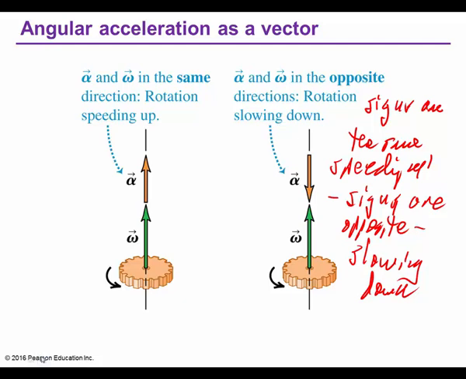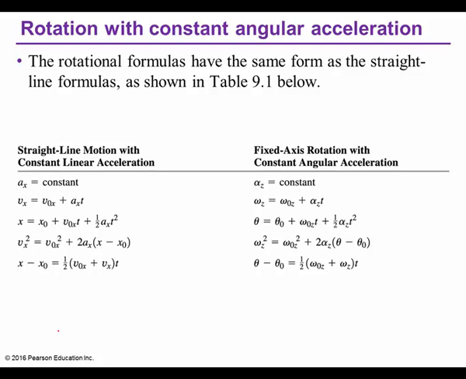Now, hopefully you still have those on your cheat sheet. And notice the relationship here. Final velocity is initial velocity plus AT. Well, guess what?